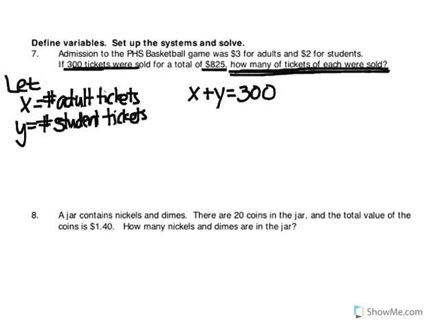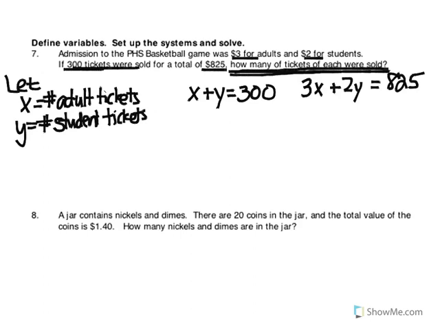Okay, then for the money, it's $3 for the adults and $2 for the students. So 3 times x plus 2 times y is going to equal 825.